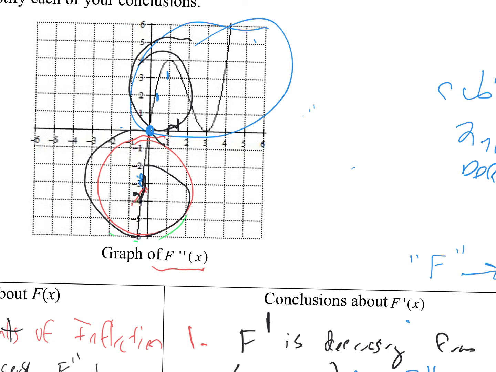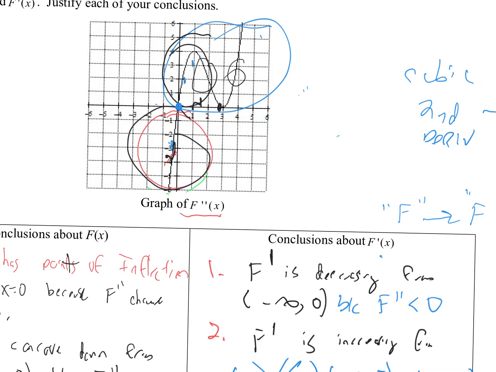What's happening at this place where the derivative went from greater than 0 to greater than 0? Nothing. It was a critical number.